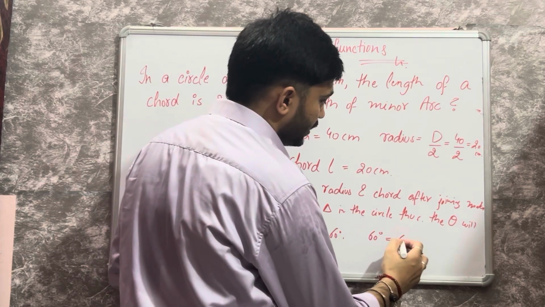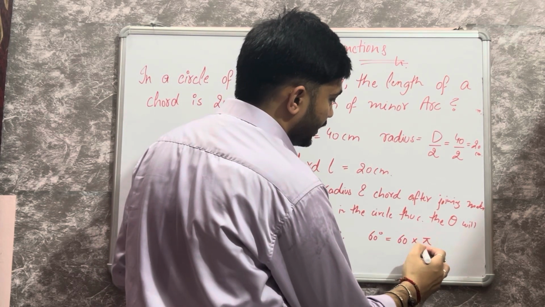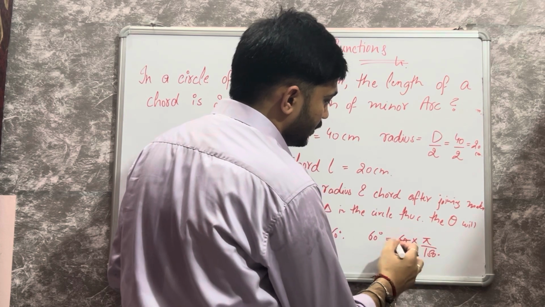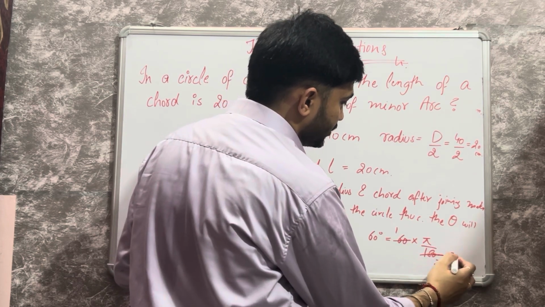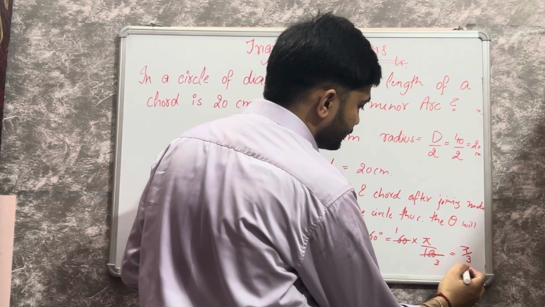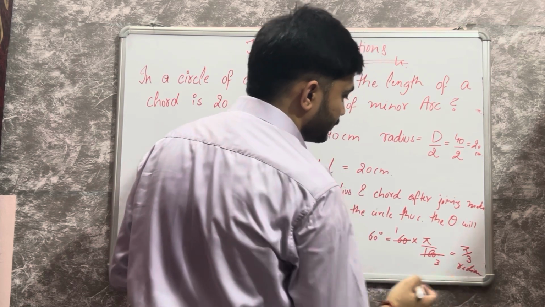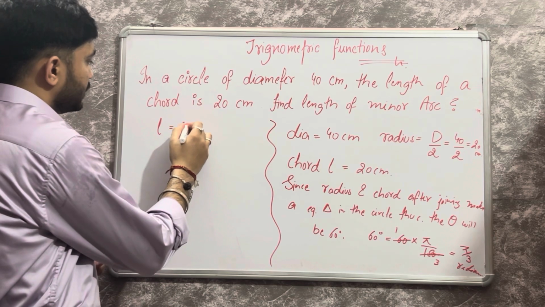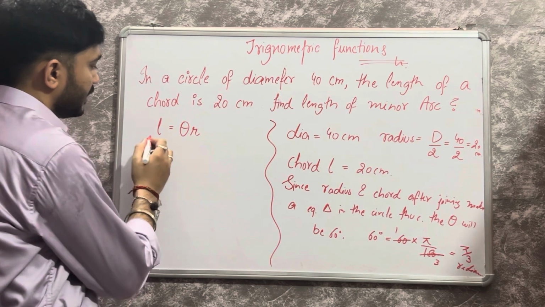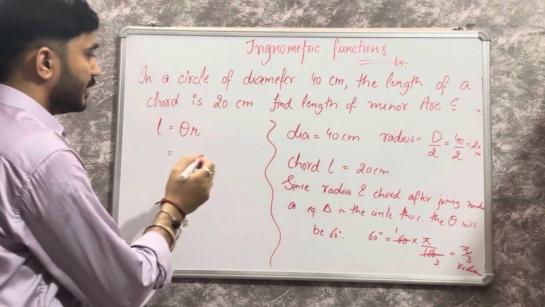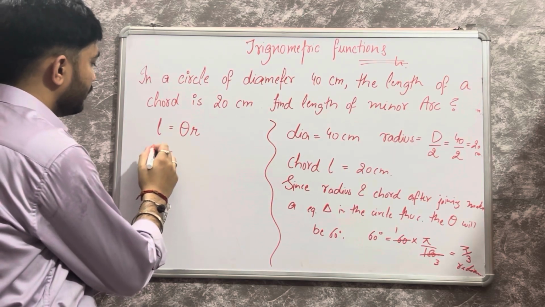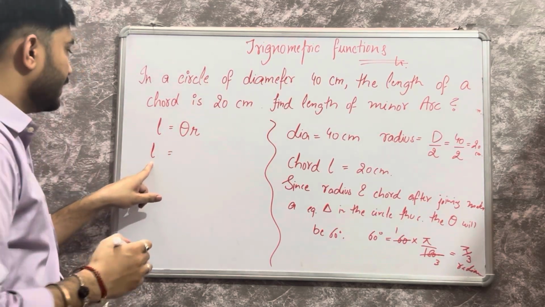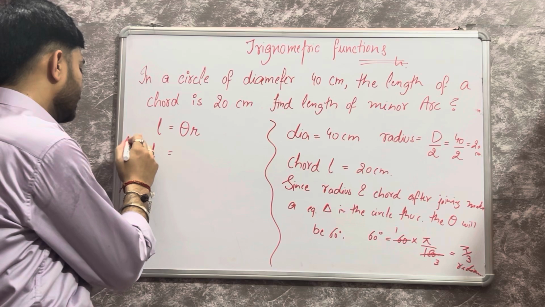So 60 degree multiplied by pi upon 180 degree is equal to pi upon 3 radians. Now according to the formula, L is equal to theta r. The value of L we are going to find, because L is equal to arc length.